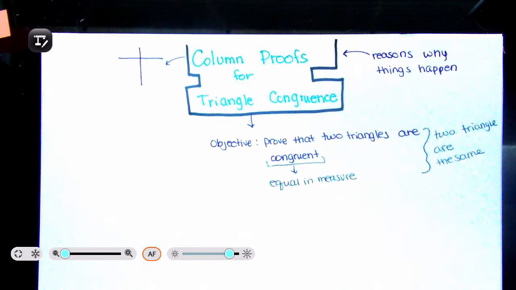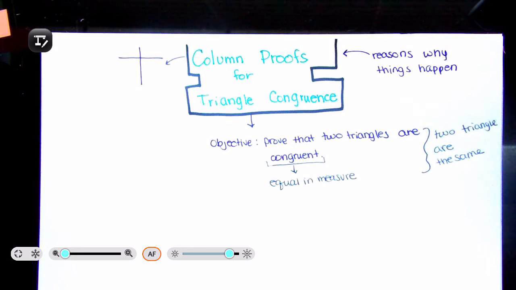Exactly the same. Their measurements are all the same for all of the angles, all of the sides, everything. It's like we take copy and we paste. Okay? So there are reasons why things happen, and there are reasons why things don't happen, obviously.